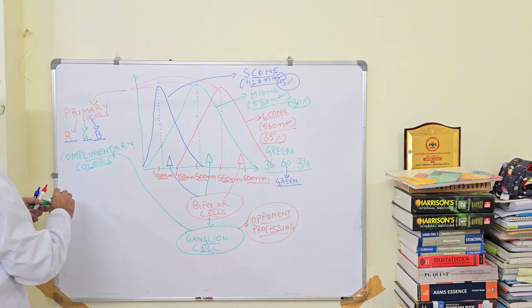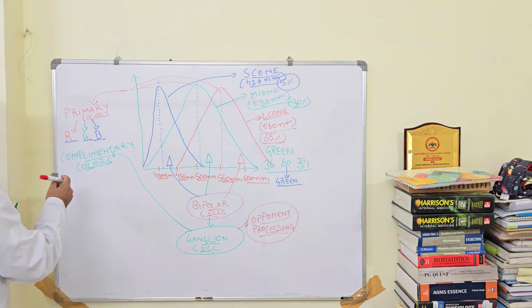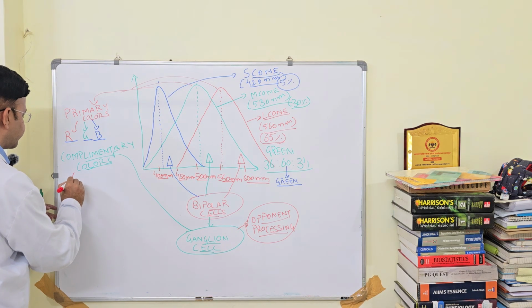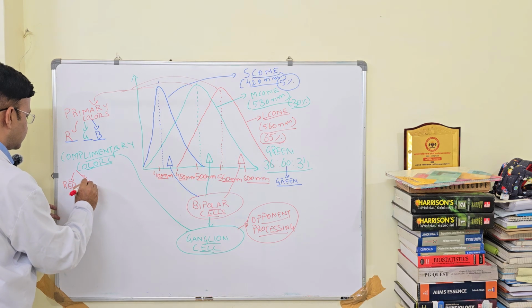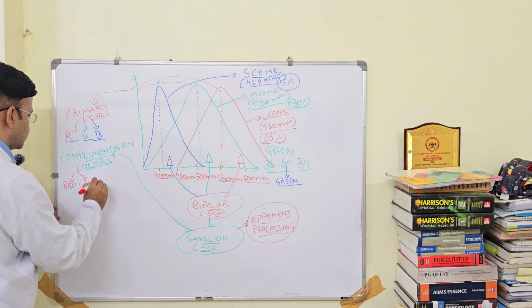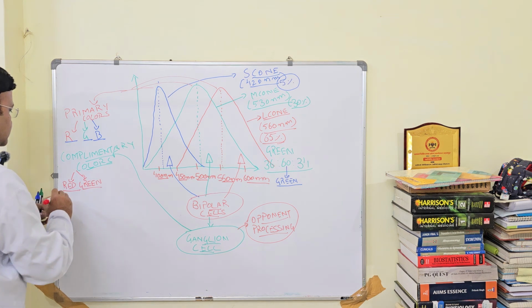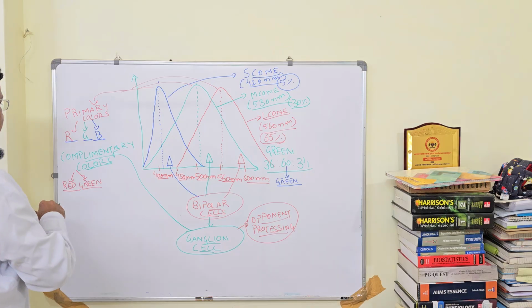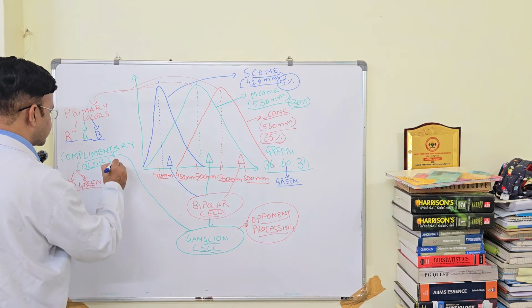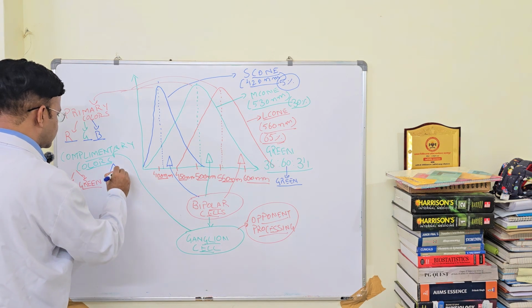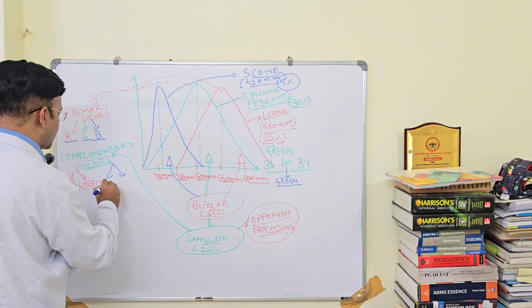Now what are our complementary colors? Our complementary colors are red and green, and blue and yellow.